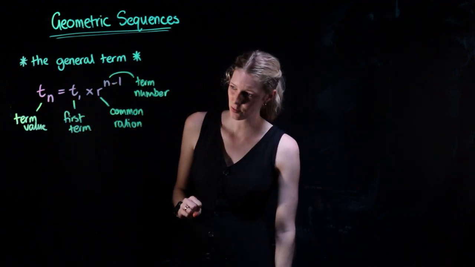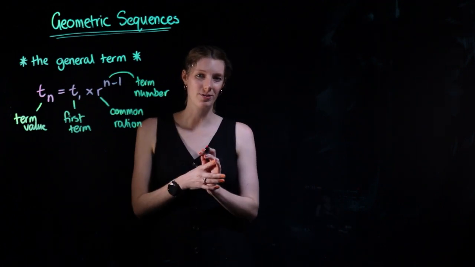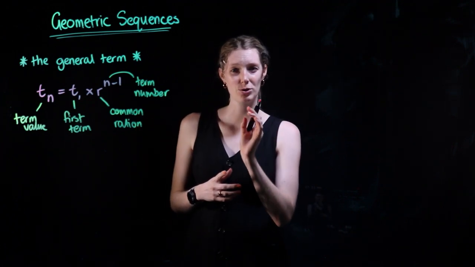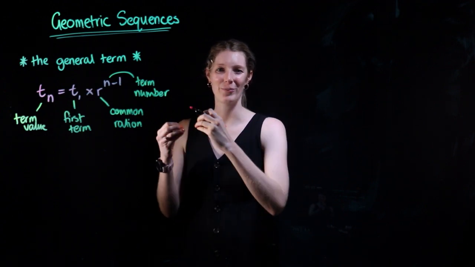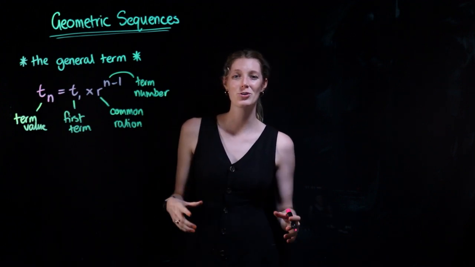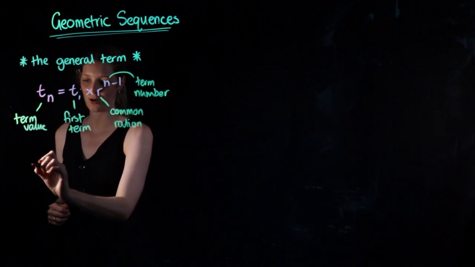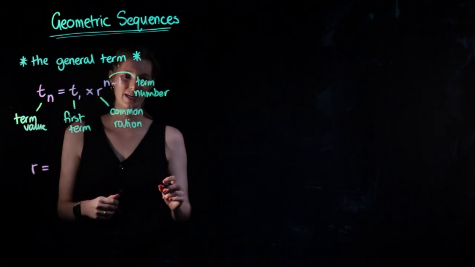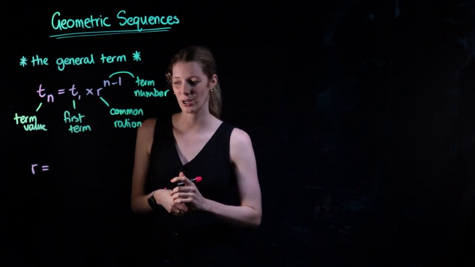Now, previously, when we looked at arithmetic sequences, we were able to find the common difference in between terms by subtracting a term from the term before it. This time, with our common ratio, we're going to be using division to help us. So to get our common ratio, we can take any two consecutive terms and divide them by each other.